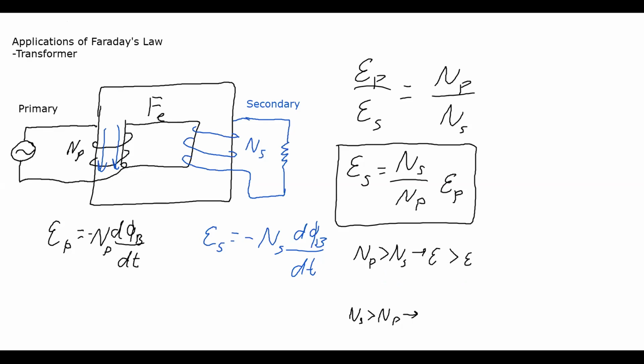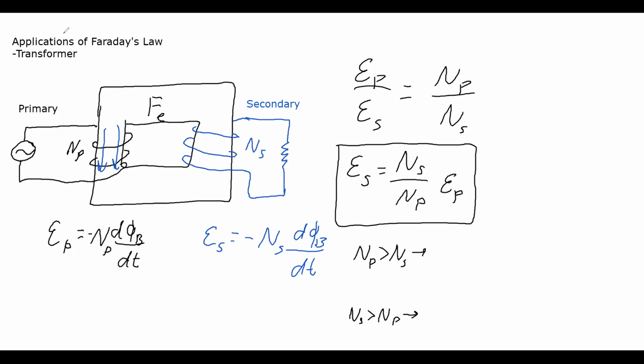Okay, so let's do this again. If NP is greater than NS, we're going to get a fraction or a decimal here. Let's just do it again. NP is greater than NS.